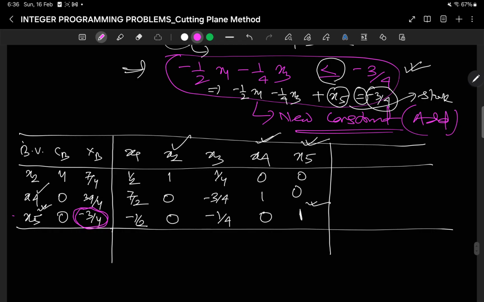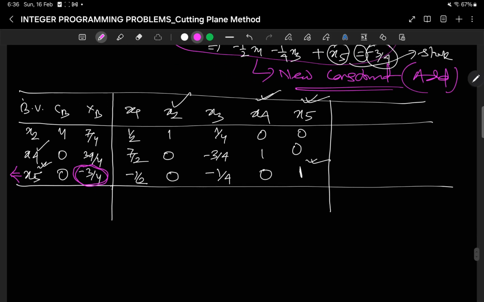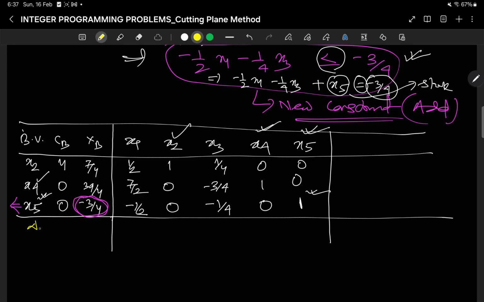So x5 will be my leaving variable by the feasibility conditions. We leave x5 from the base, and we have to enter one variable. So what is my del j? Now I write del j directly: del j is zj equals cbxb minus cj.